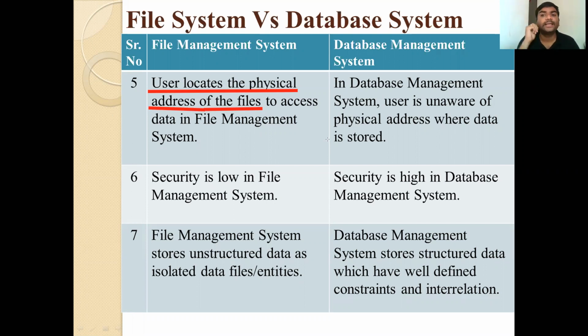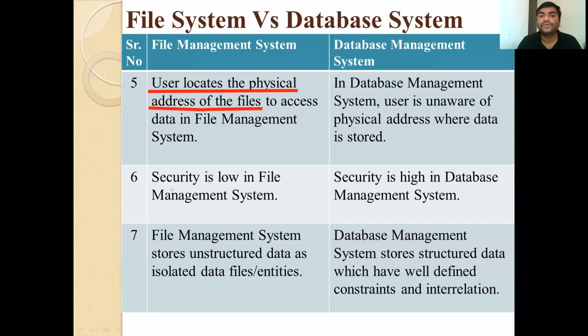But in the database management system, the user is unaware of the physical address where the data is stored. The user doesn't know where the data is stored. Actually the data is stored in the database, but users are not able to get the physical address of your system. That is the advantage of the database management system over the file management system.